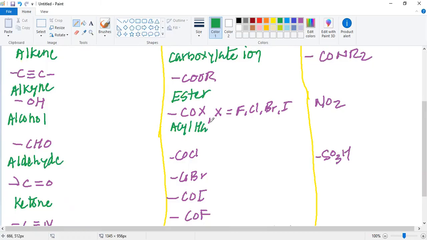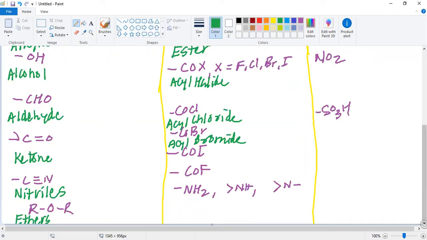That means I may have acyl chloride, or acyl bromide, or acyl iodide, or acyl fluoride.